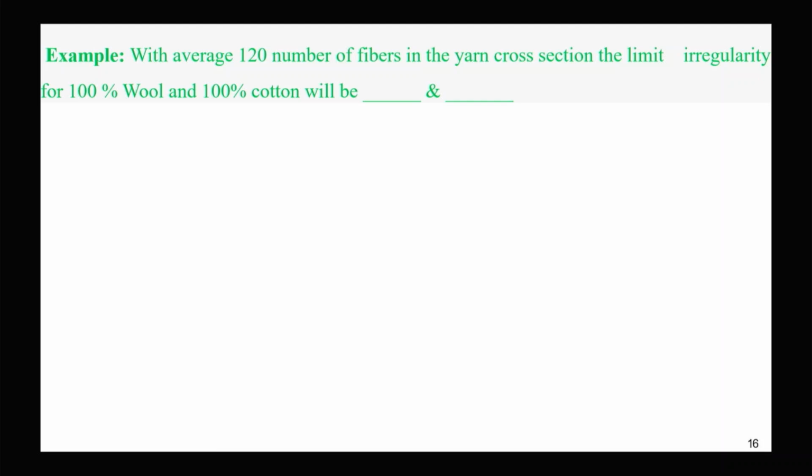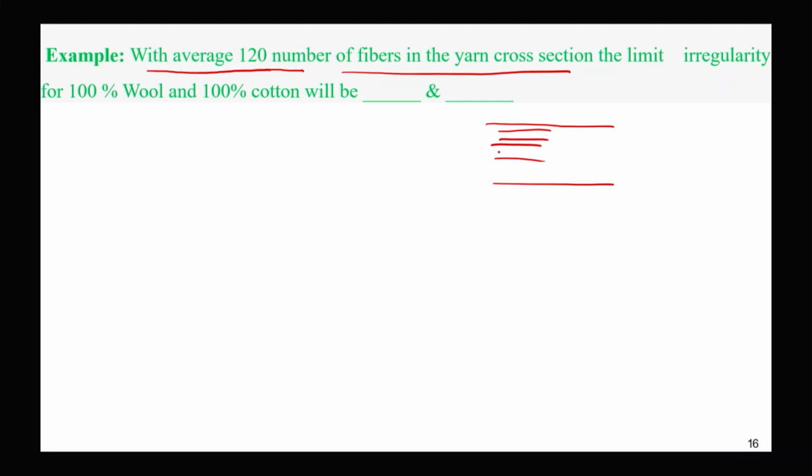Now the next numerical is that, with an average of 120 fibers in the yarn cross section, this is for wool as well as cotton.